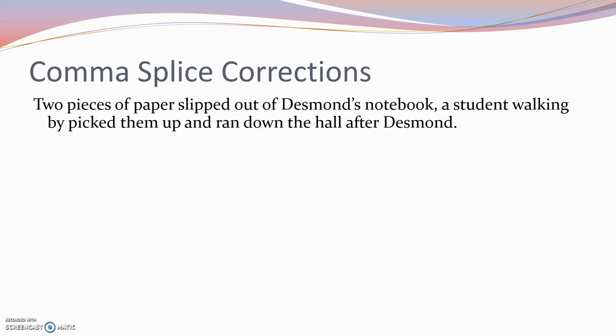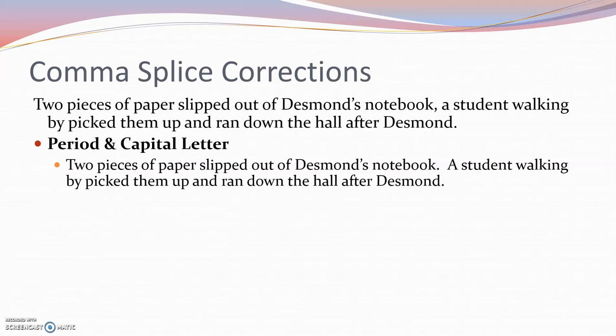So when you're looking at this comma splice, shown here again, there are three ways to correct it. If you see CS on your paper, you know you have a comma splice, and you know you have to make a decision. You can do a period and a capital letter to correct it. You can do a comma and add the appropriate fanboy conjunction to it.